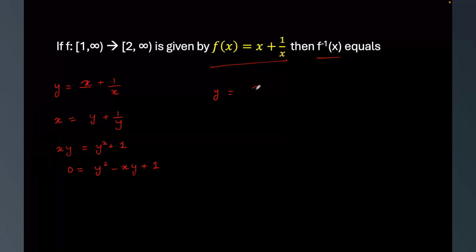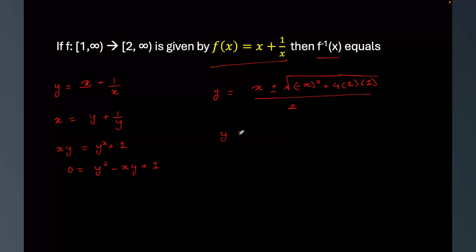Negative b, so we have x plus or minus the square root of minus x whole squared plus 4 times 1 and 1 again. That's about it. Pretty simple, nothing too crazy. So we have all divided by 2.